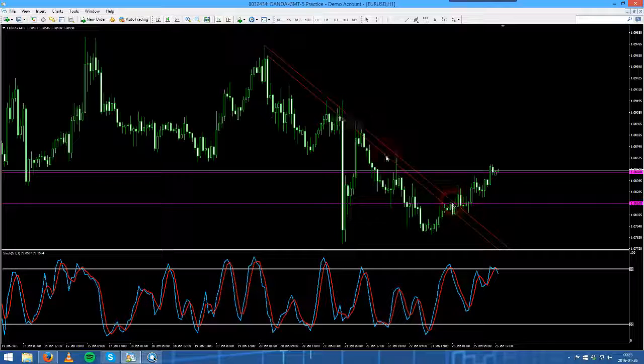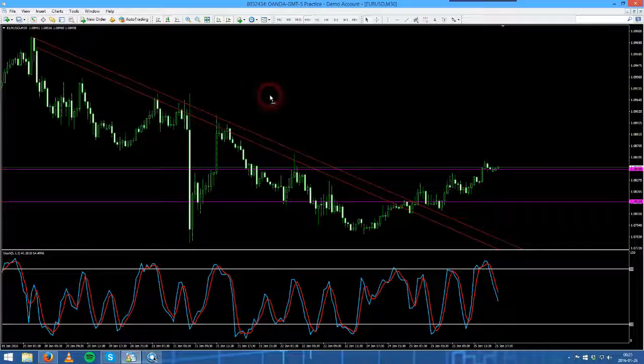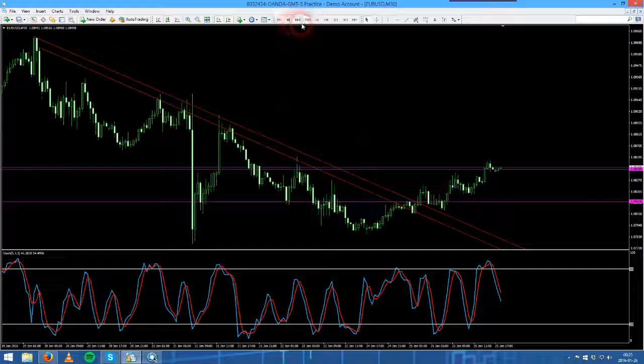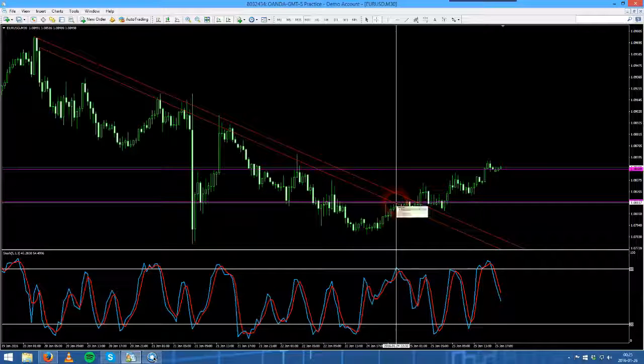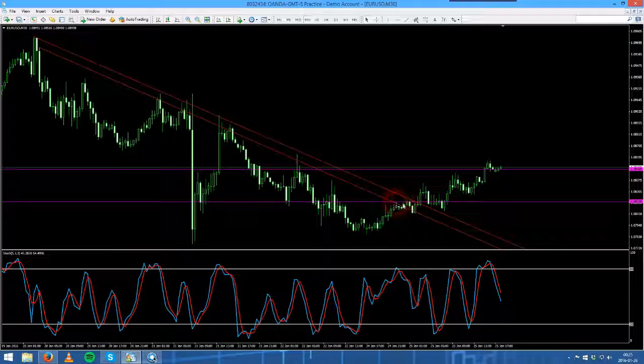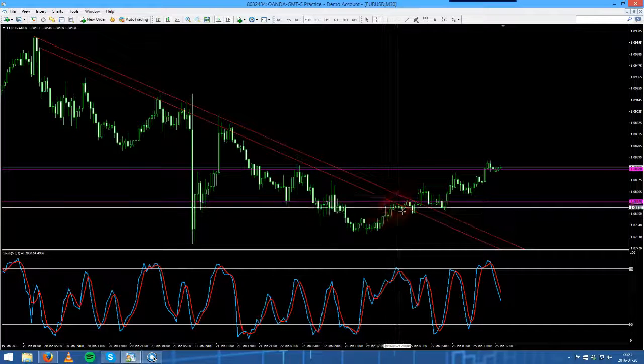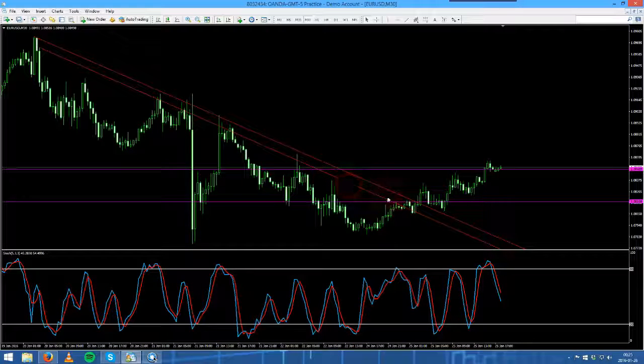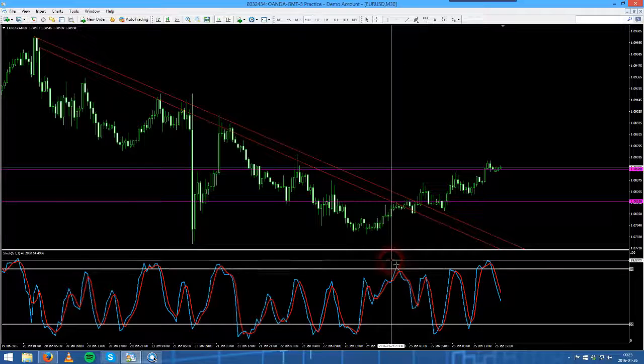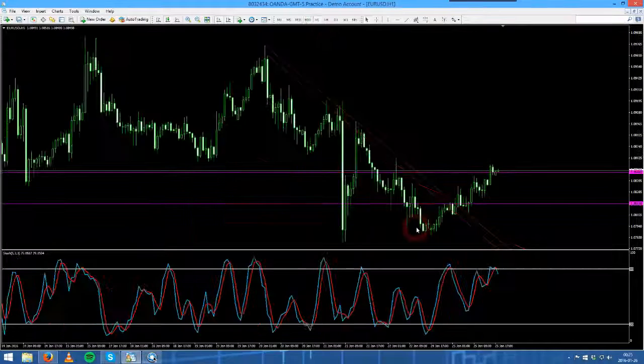So once you have looked at these areas with the lower highs, in this case, you would scroll down and confirm with the stochastic that, for example, you want to enter here at this low. Let's say you were waiting for the price to come up, touch this trend line, and waiting for the stochastic to become overbought.